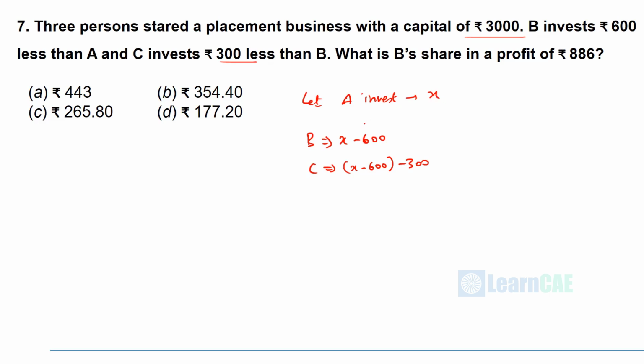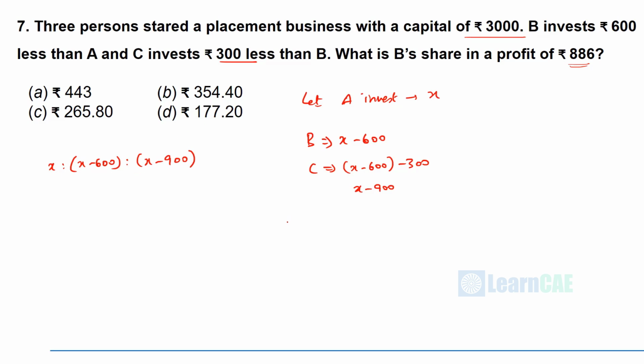So A's investment is X, B's investment is X minus 600, and C's investment will be X minus 900. What is B's share in a profit of 886? Let me write the ratio of their investments: X is to X minus 600 is to X minus 900.